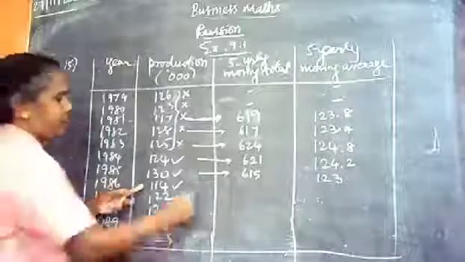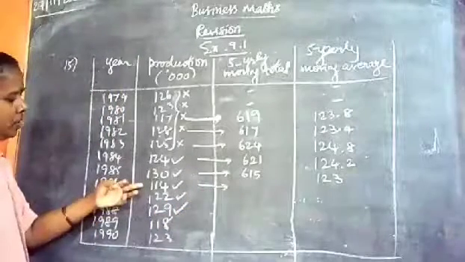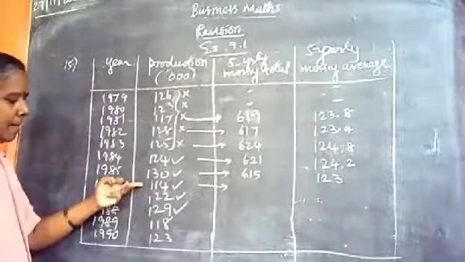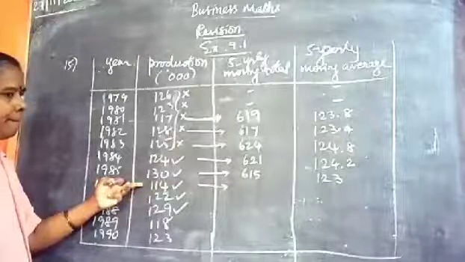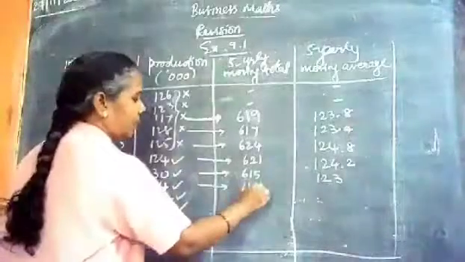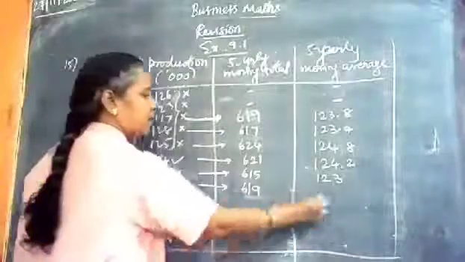Middle. 619, miss. Yes, miss. Okay, average, divide by 5. 123.8.